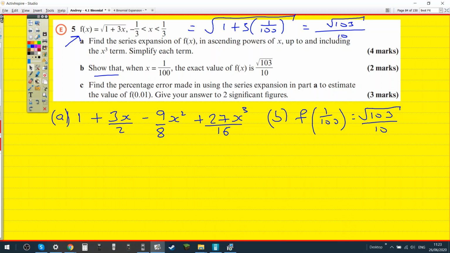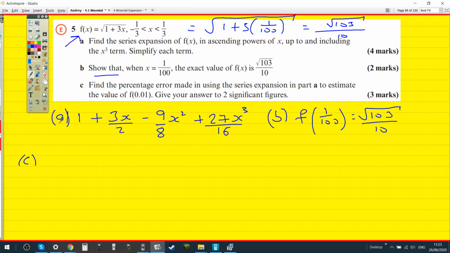So I just need to sub in 0.01 here. Into what? Oh, I need to find the percentage error first. You can't find the percentage error first, you can only find that last. The error between what and what?